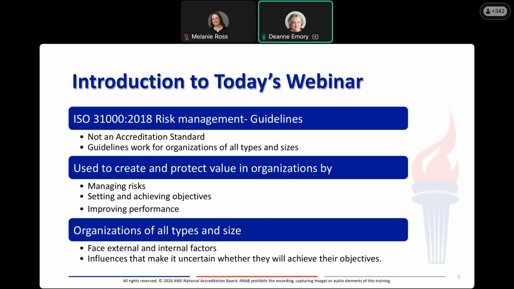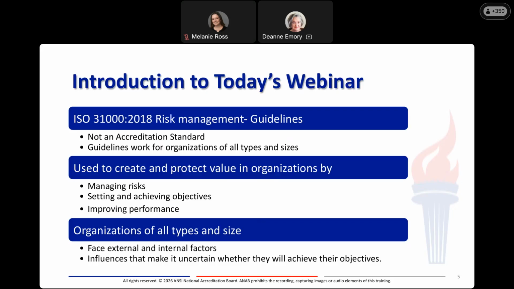by looking at both external and internal factors that could have influence on their objectives, their planned improvements, and their decision making. The standard assists organizations in determining any uncertainty involved in achieving their objectives.